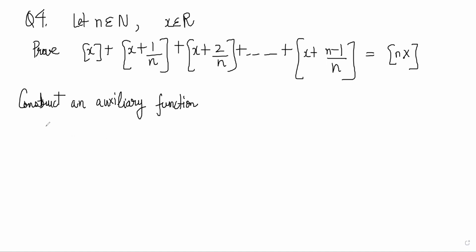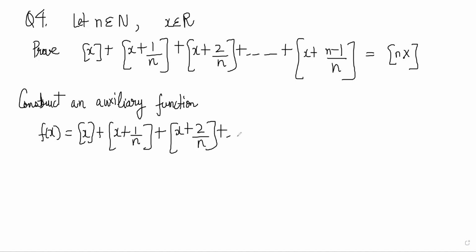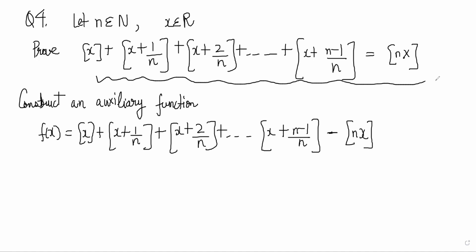My function is defined like this: f of x is equal to GIF of x plus GIF of x plus 1 by n plus GIF of x plus 2 by n and so on, GIF of x plus n minus 1 by n minus GIF of nx. I want to eventually prove that this function is always 0 for any real number. If I prove that it is 0 for any real number, then my identity is correct, right?